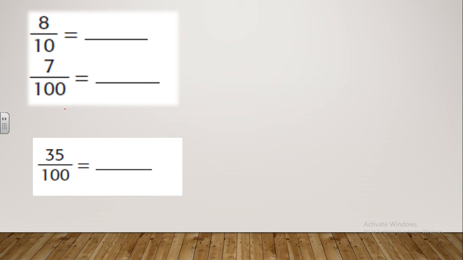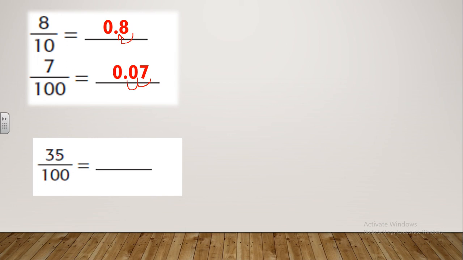So here we will write 8, and because it's over 10, you will put the point after one digit. The second one is 7 over 100. Let's write number 7. Over 100, that means we will put the point after two digits. 1, 2, and you will put the point. But you will see that this place is empty, so you will put 0, okay?